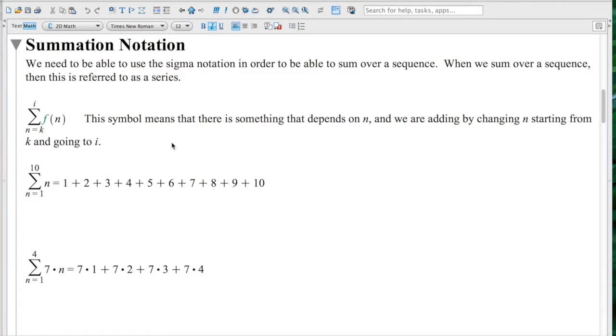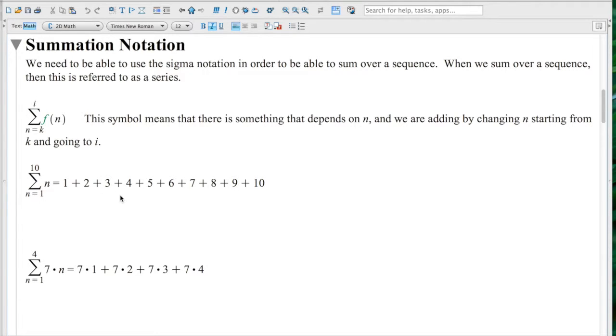Okay, so we start at k and go to i. The most principal example of summing in a series would be just summing over n. So this would start with 1, and because the function is just n itself, we would be adding another integer for each number in the series.